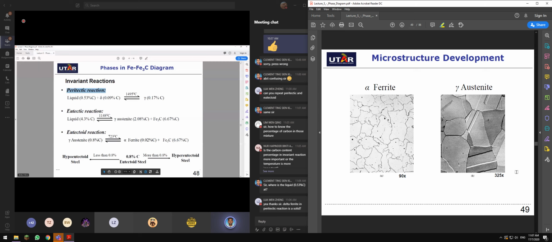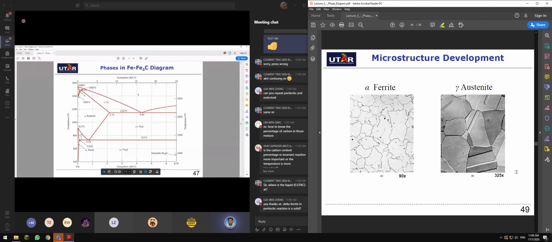The definition of peritectic reaction is a solid phase and a liquid phase together forming a second solid phase, which is this pure solid. Here, having a solid and a liquid. This is pure liquid.